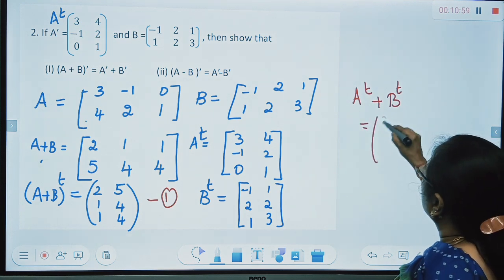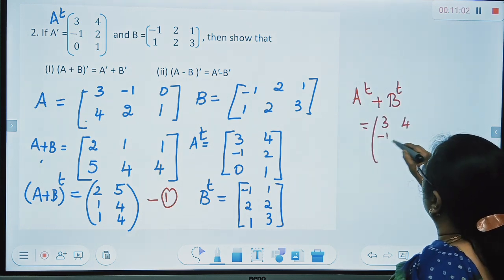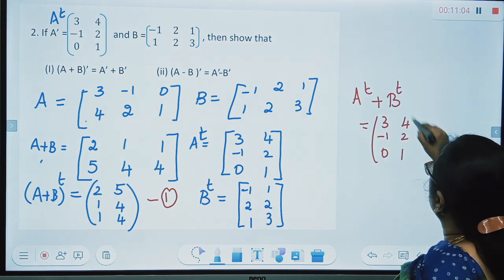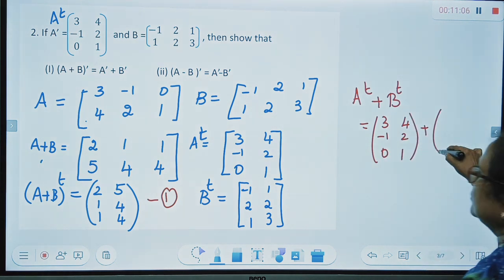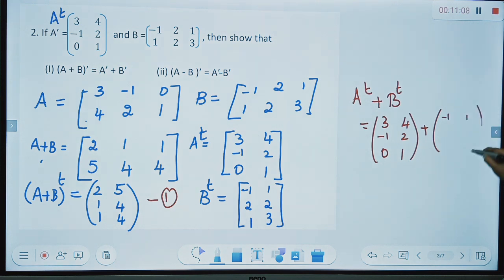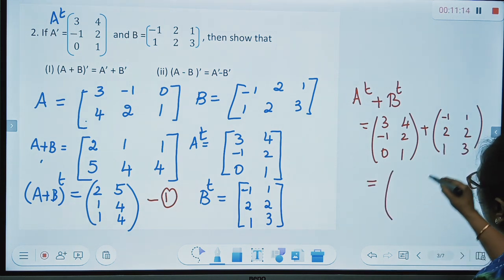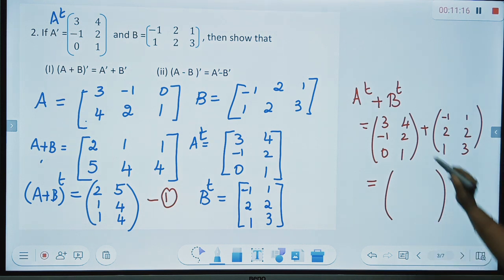It will be 3, 4, -1, 2, 0, 1 plus -1, 1, 2, 2, 1, 3. They have the same order, so addition is possible.